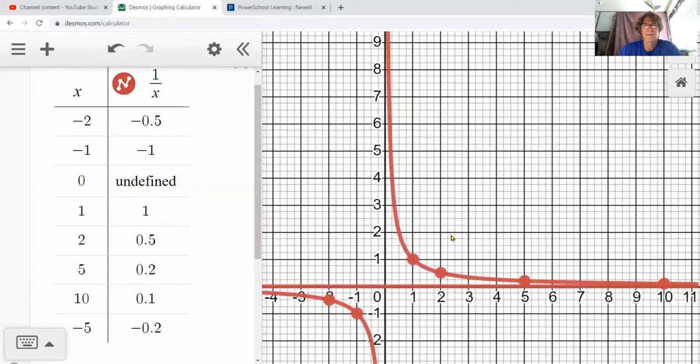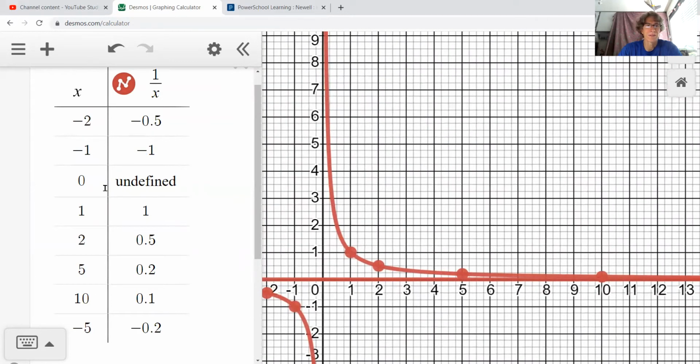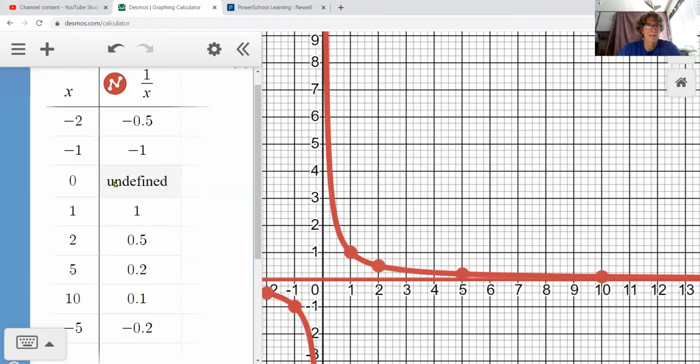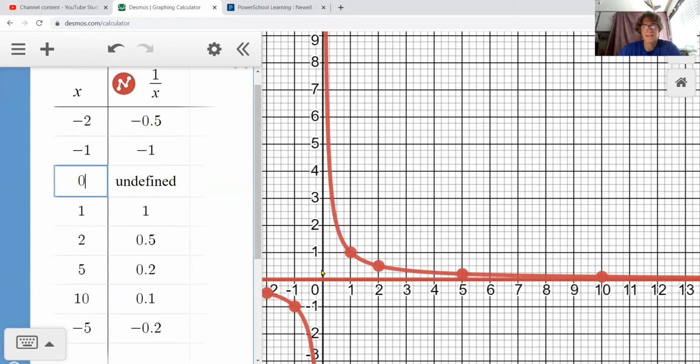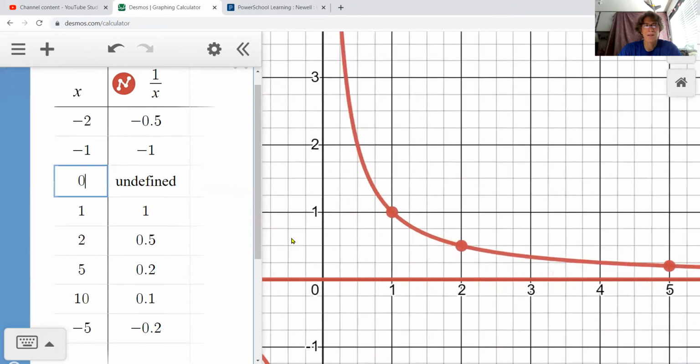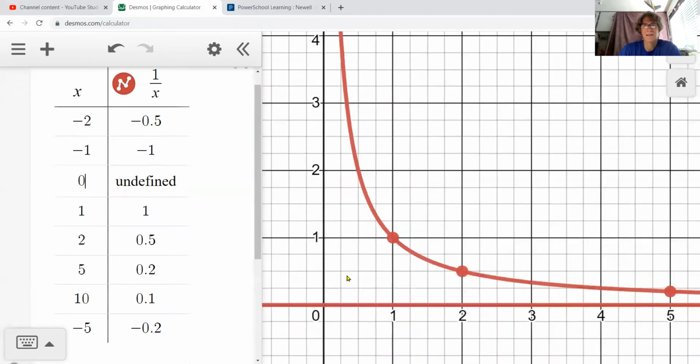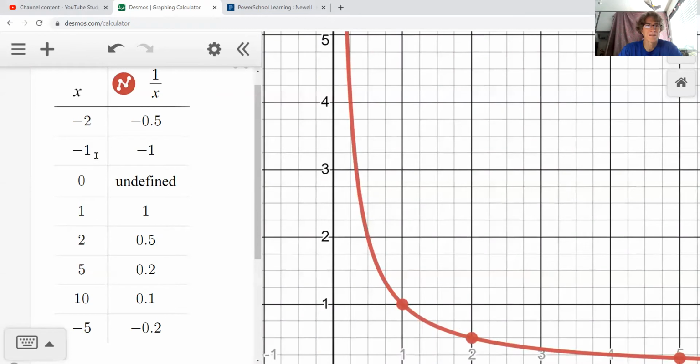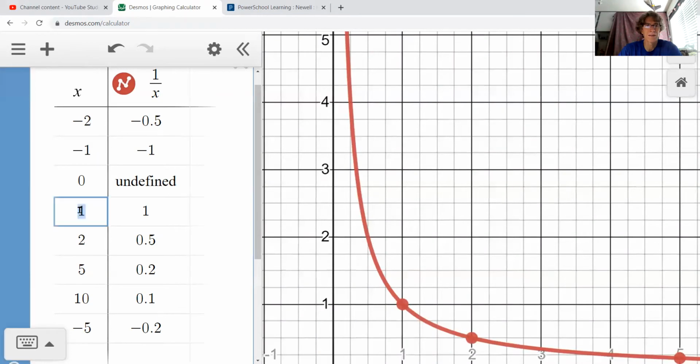Now, also you may notice that the x's I put in, look right here, we got undefined. We can't plug in 0 because if you plug in 0, you get an error. 1 divided by 0 is an error, but look what the graph does when it gets close. If I put in something like 0.5, it says 2, because 1 over 0.5 is 2.